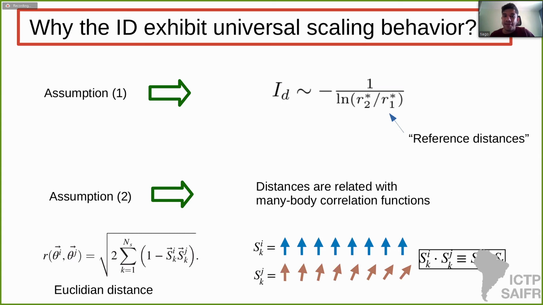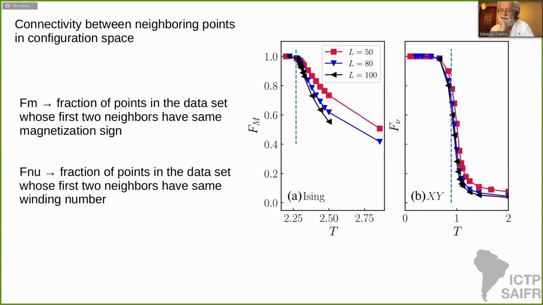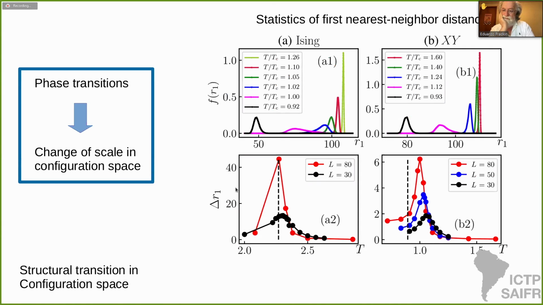Yeah. We didn't explore this direction. It's certainly something interesting. So far, as I said, this scaling behavior is already contained in the statistics of distance. Let me show here. So for example, here are the Ising results and the XY results.